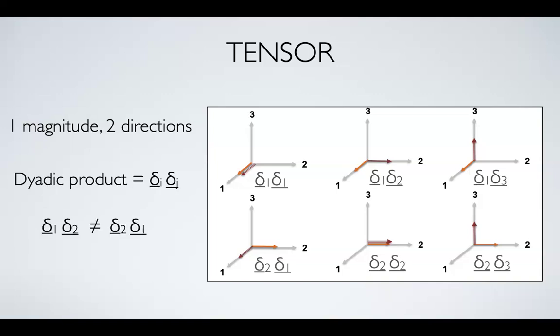Again, del 1 del 2 is not equal to del 2 del 1. The tensors for these two products mean different things. I will show you later.